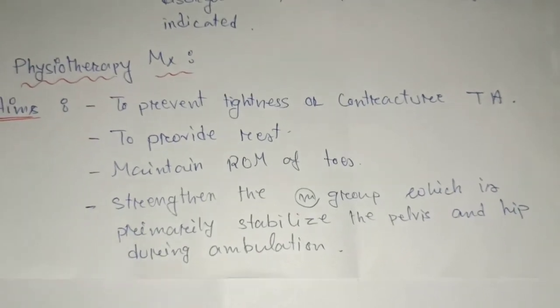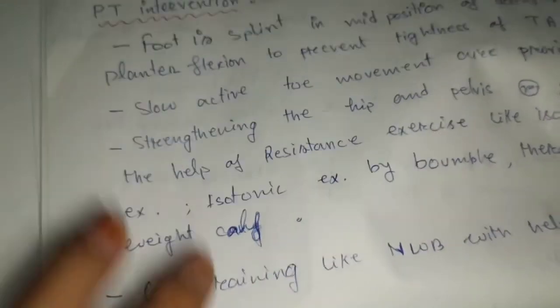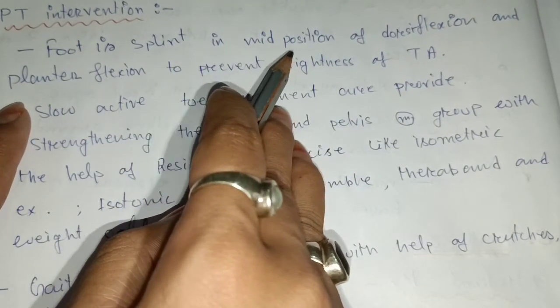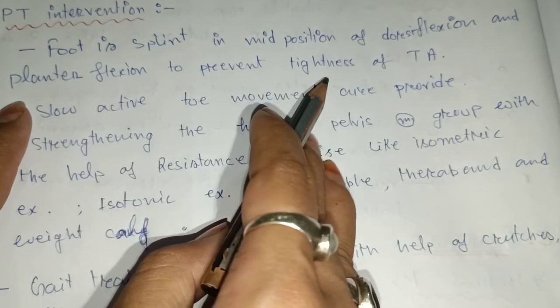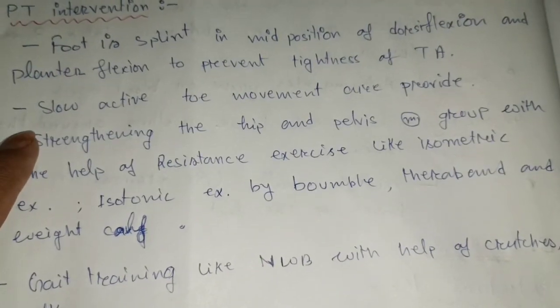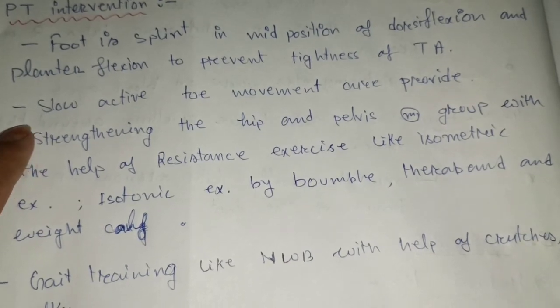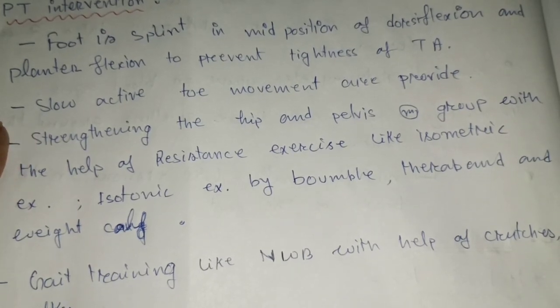So then we go to the physiotherapy intervention. In physiotherapy intervention, first we splint the foot in the mid position between dorsiflexion and plantar flexion to prevent tightness of the tendo Achilles. We place the foot splinted in a mid position because we want to prevent the tightness or contracture of the tendo Achilles.